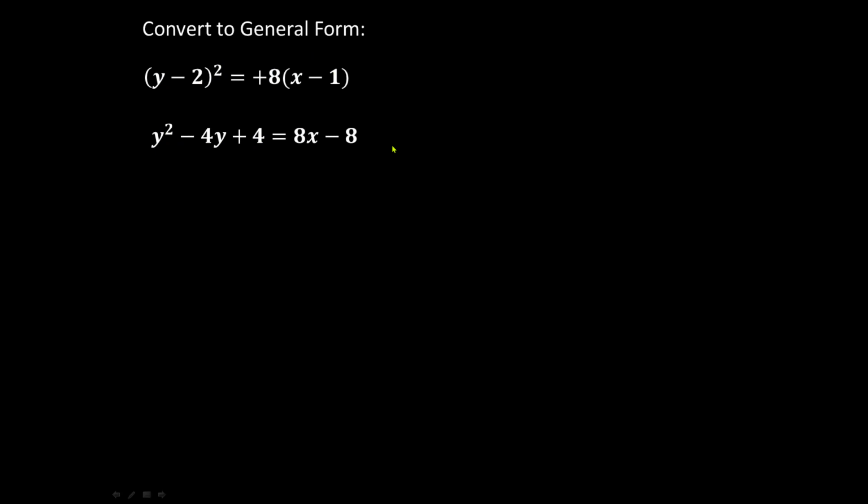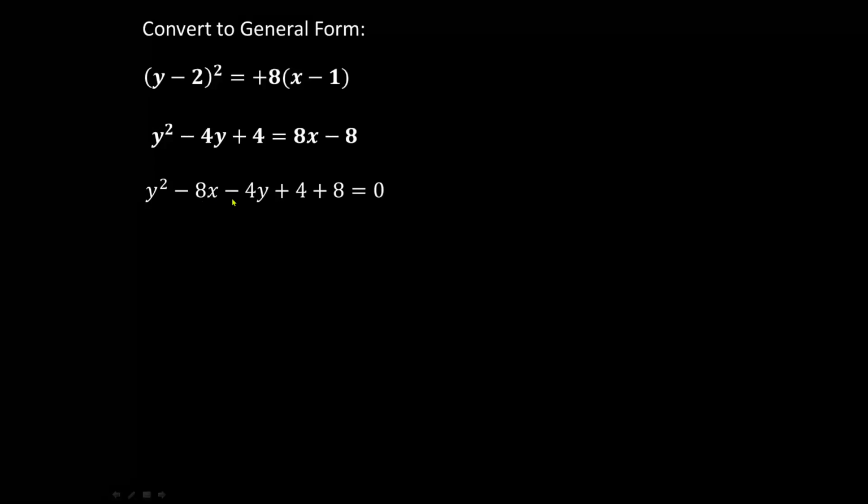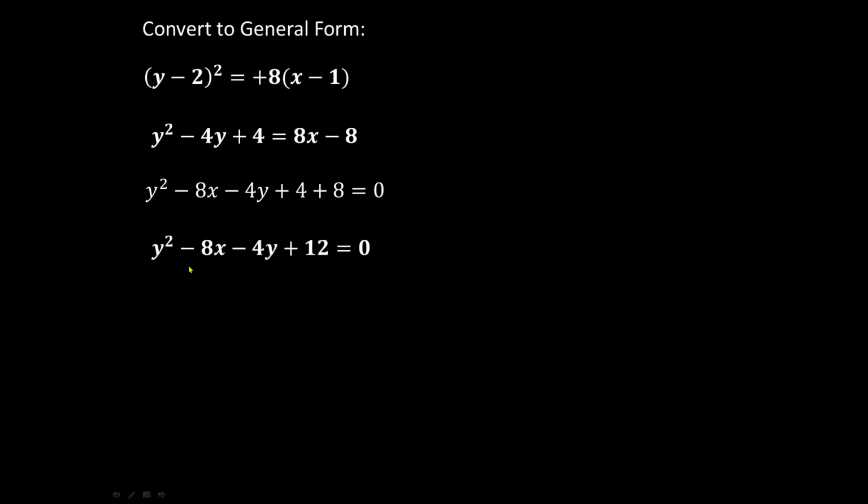Second step. Now, all the terms we will move to the left-hand side of our equation. Everything on the right side, we transpose to the left. That is our step 3. So we now have the equation y square minus 8x minus 4y plus 4 plus 8 is equal to 0. And then 4 and 8 can be simplified. What is our general form now?